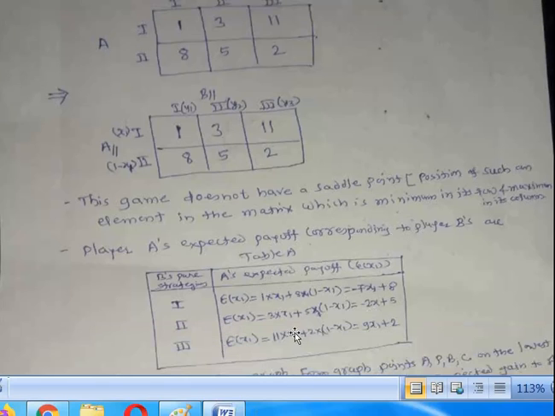Similarly, for the second strategy, 3 into x1 plus 5 into 1 minus x1 is equal to minus 2x1 plus 5. Similarly, for the third strategy, 11 into x1 plus 2 into 1 minus x1 is equal to 9x1 plus 2. Draw all the lines on the graph paper.